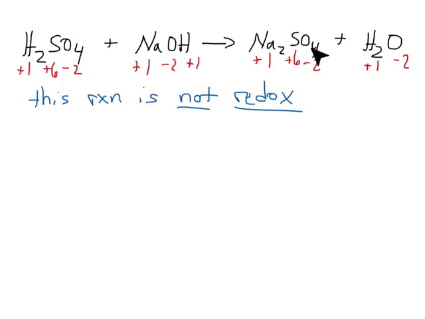Same thing with the oxygens. They don't change. Okay? So again, just kind of scanning, and maybe you get better at these things as you look at more and more of them. If you spot a polyatomic, this whole thing looks like a nightmare to try to figure out, but break it down into reasonable pieces. Hey, SO4 remains SO4. I know nothing's happening to it. So it can kind of cut down on the amount of work you have to do in figuring out oxidation numbers, things like that.